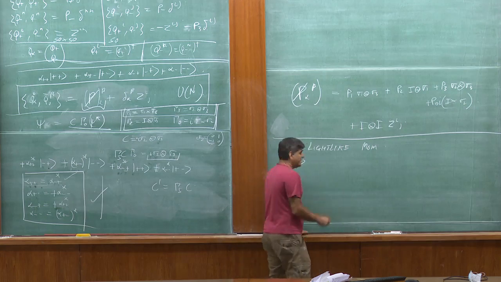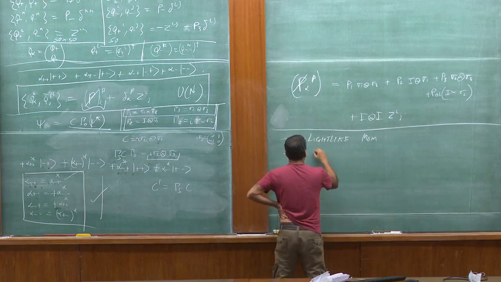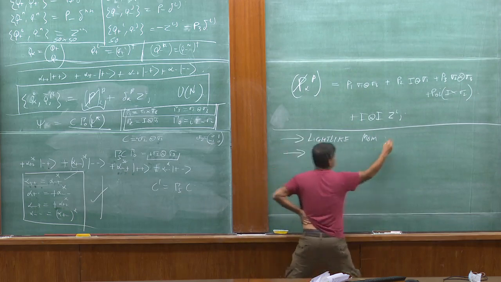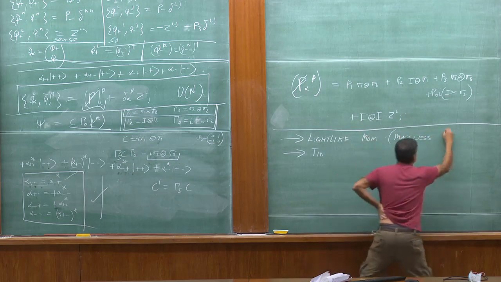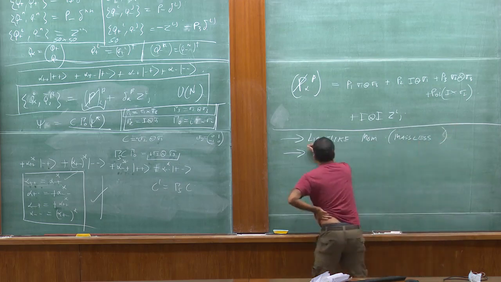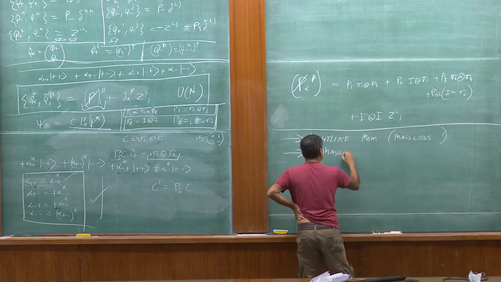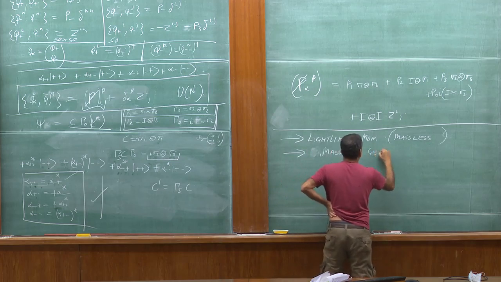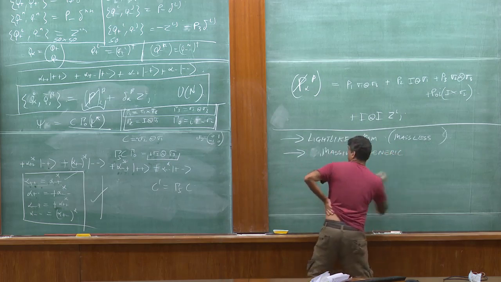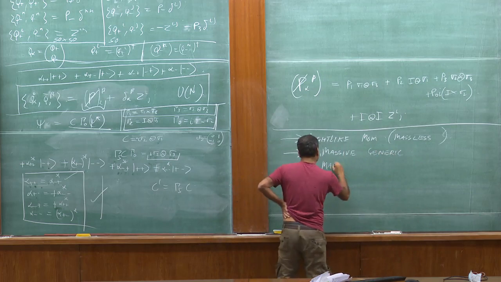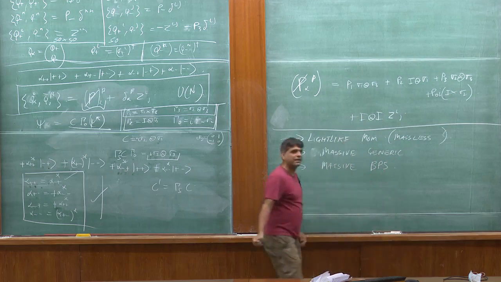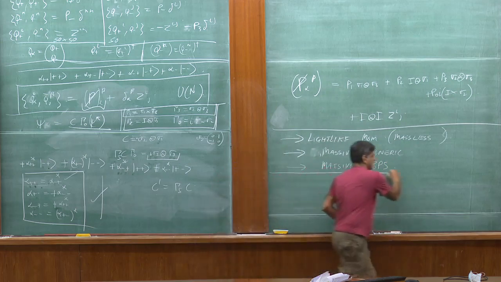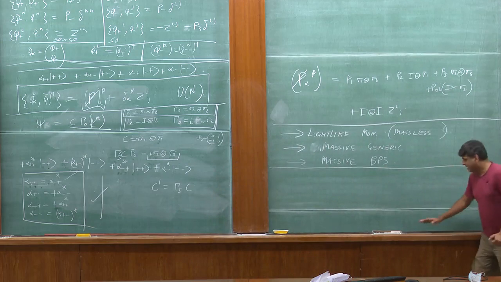The next case will be time-like momenta, so massive: massless, then massive and generic, and massive and BPS. We're going to study each case separately. Let's start with the light-like momentum.